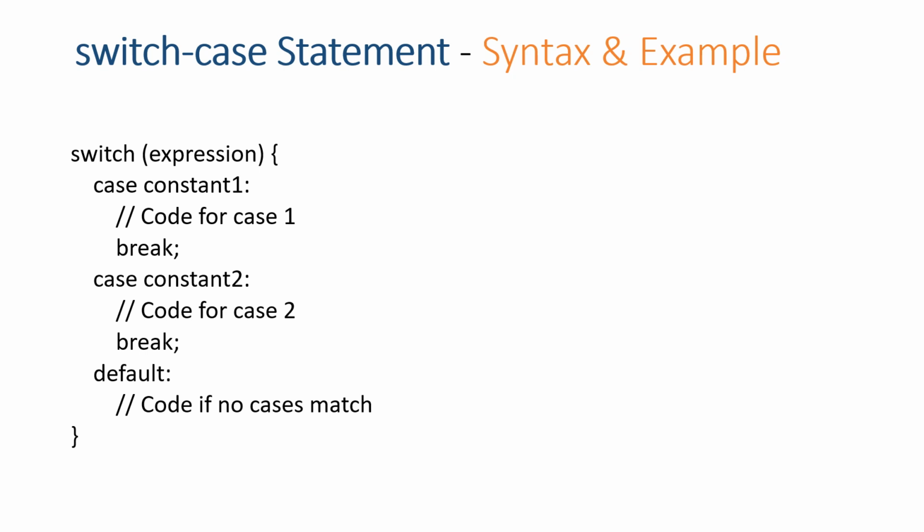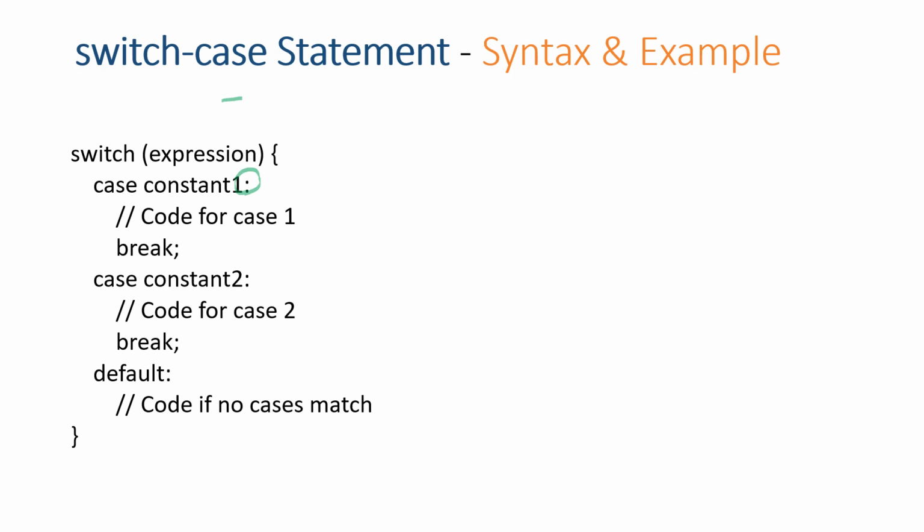And here we have the syntax of the switch case statement. You can see the syntax: switch expression, case constant 1, and here you have to observe that it ends with a colon.